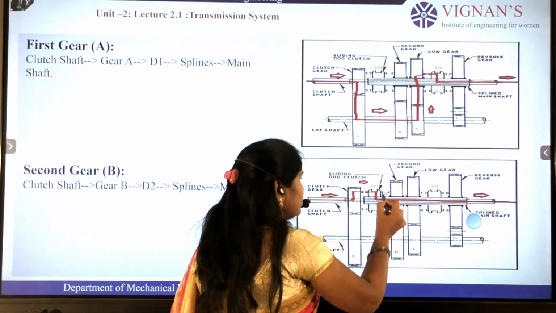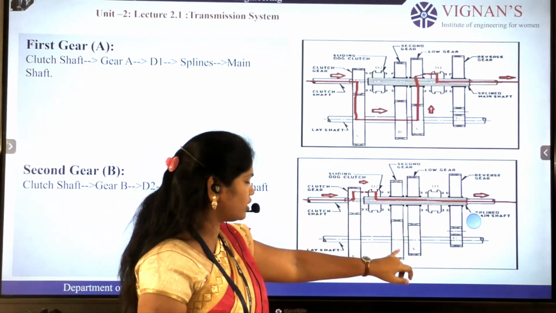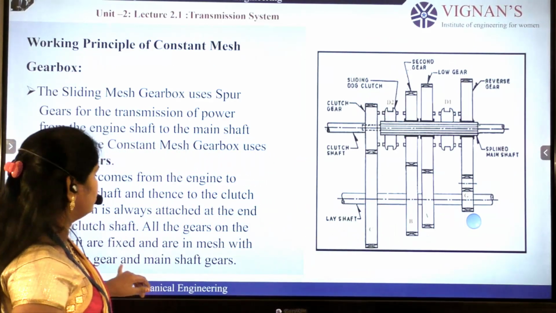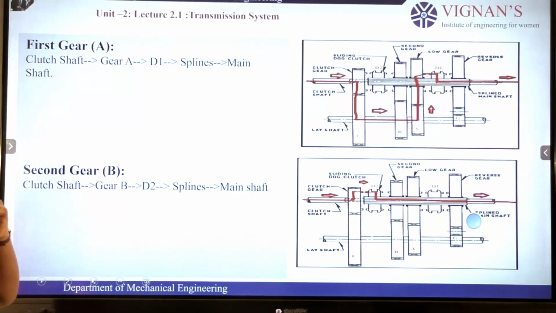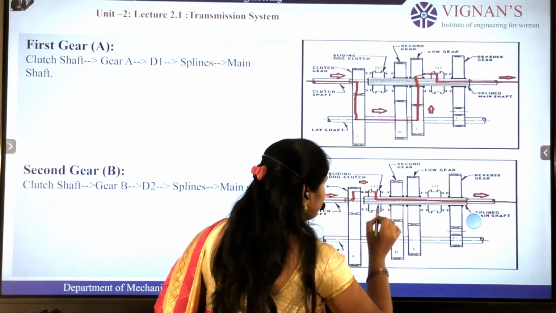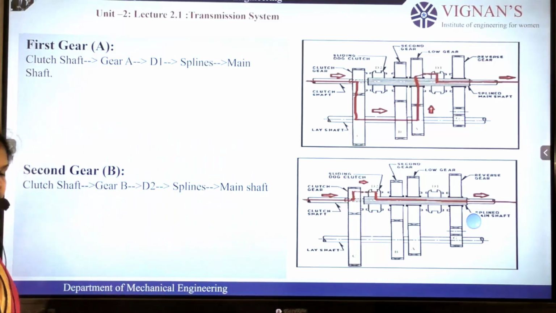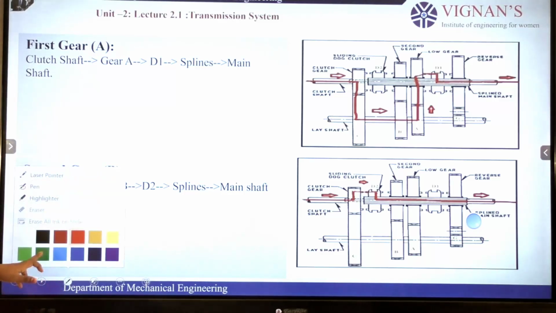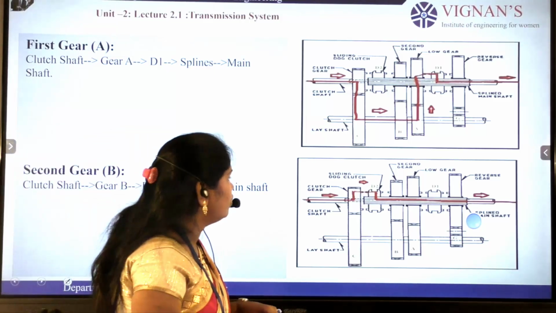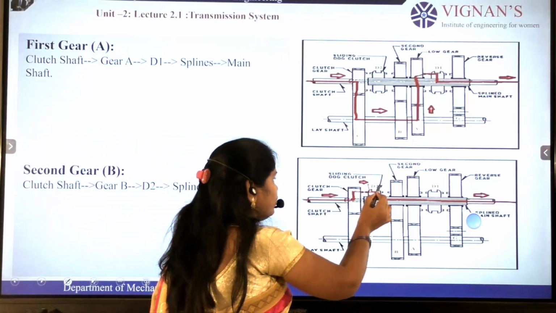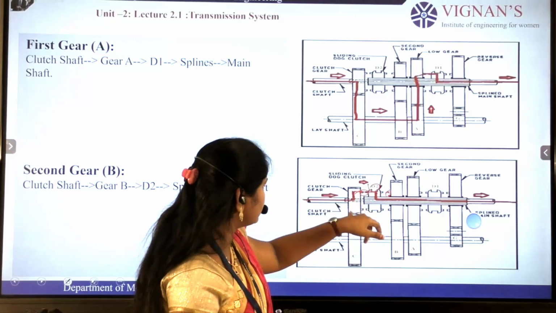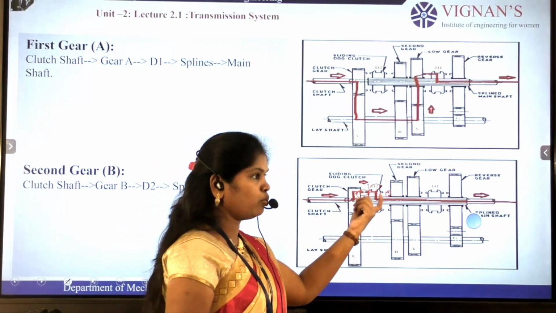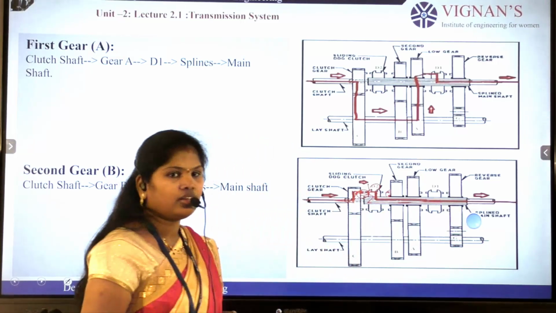So this will engage with this gear B. Gear B is a constant mesh gear, so the power is directly transferred. The D2 dog clutch will engage with gear B, and the power is directly transferred to this main shaft gear.